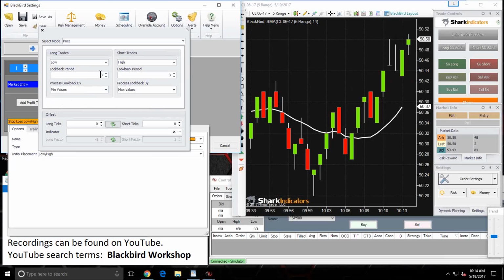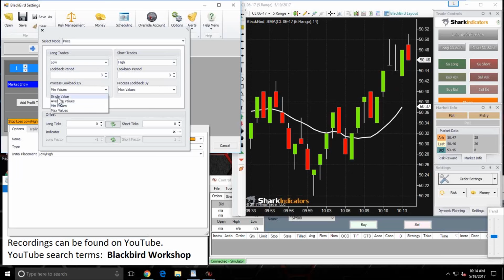Using this, looking back 3 bars and using the minimum value, I can see this green bar here is the lowest low of the last 3 bars. We got 2 dojis here, which are a little higher than this most recent green bar, most recent up bar.